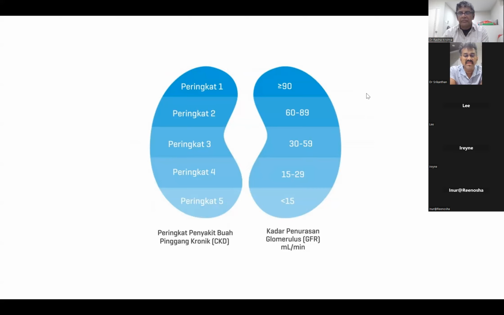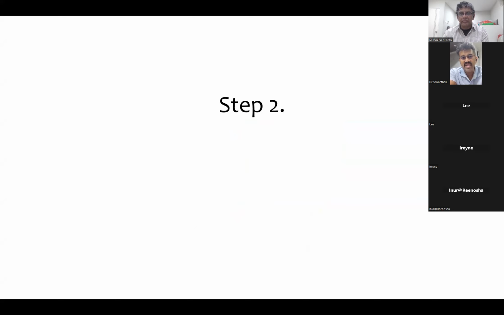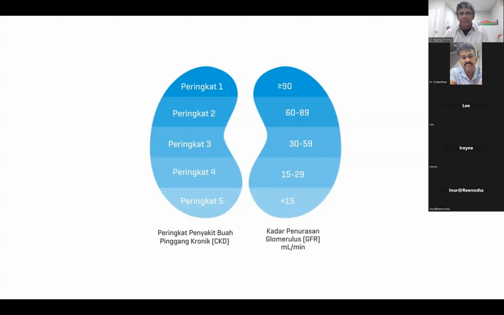There's another slide here, which I picked up from the Malaysian Society of Nephrology. You can look into the first stage, second stage, third stage, fourth stage, and fifth stage. This corresponds to the reduction in the glomerular filtration rate. You can see that GFR is reducing. Anything 90 and above is considered the first stage.